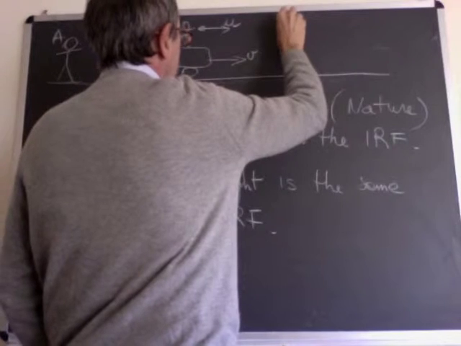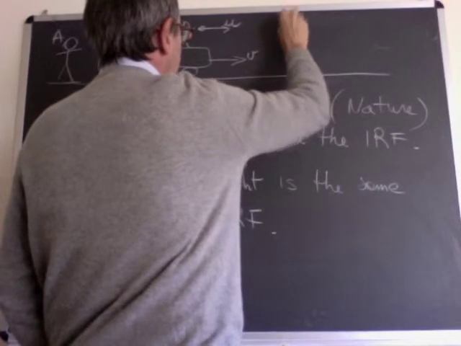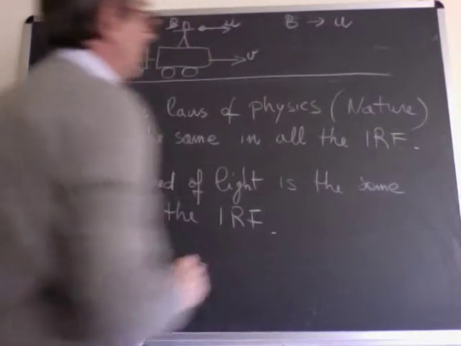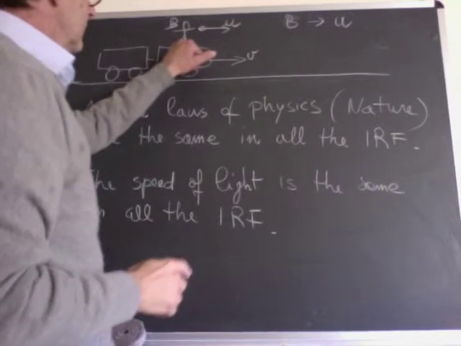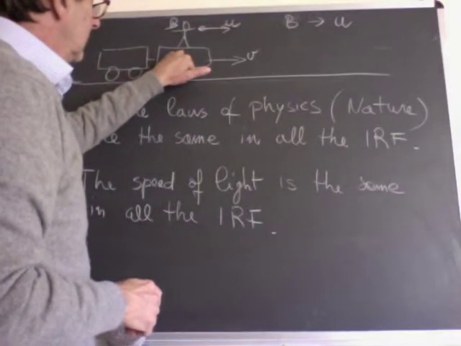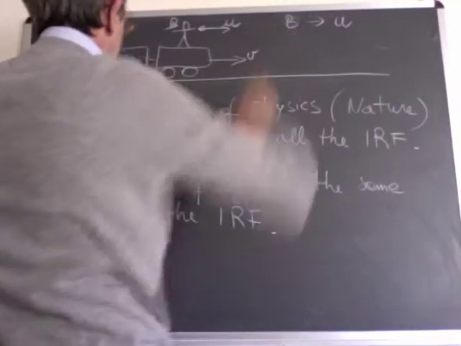So B sees the stone traveling with velocity u because it is still on the train, and so the only velocity it sees is just u.